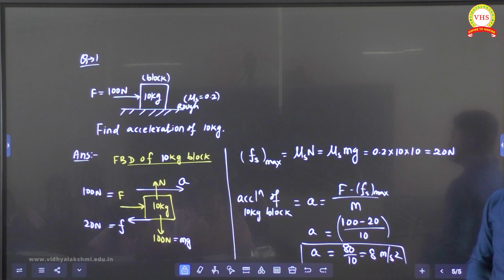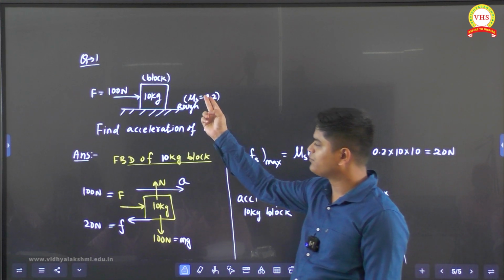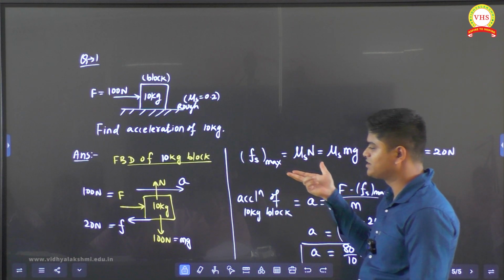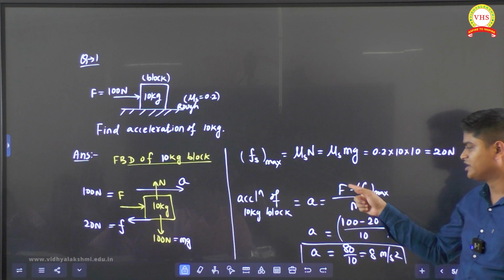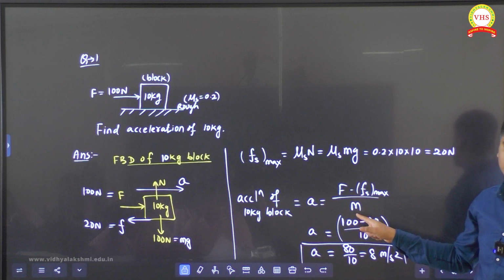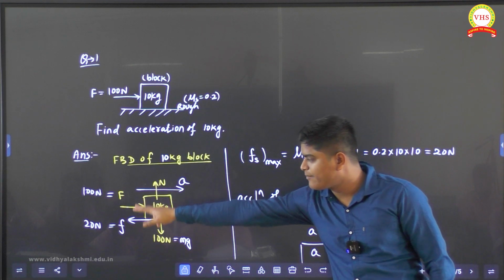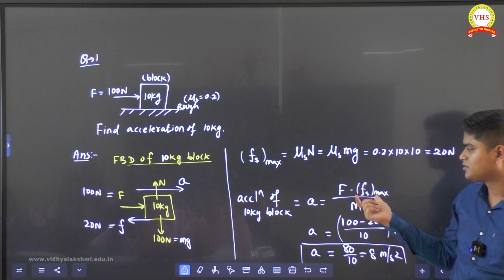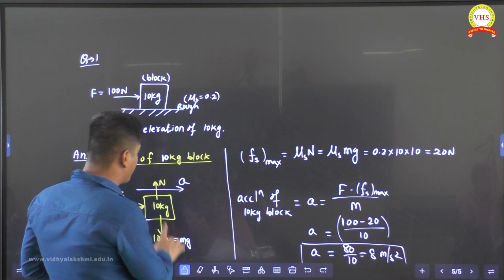Clear idea? This is the way to solve friction related problems. The values will be given; you check the maximum opposing frictional force acting. After that, acceleration is net force by mass, where the net force is F minus Fs max, divided by the mass of 10 kg.